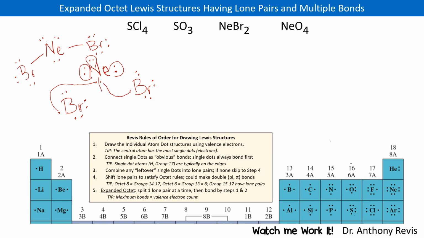Okay. All right. So now let's do NeO4. So we have neon in the middle, 1, 2, 3, 4, 5, 6, 7, 8. I did it again. Neon here. And so we're going to have 4 oxygens.